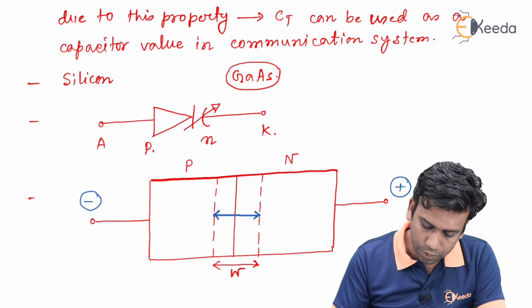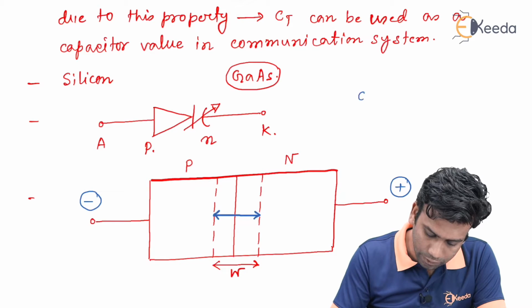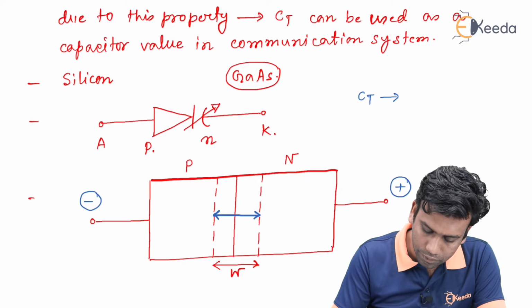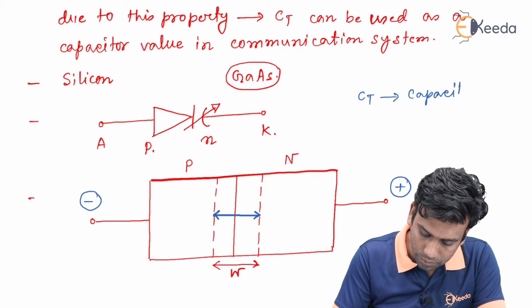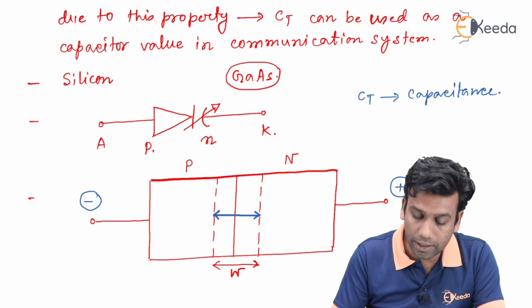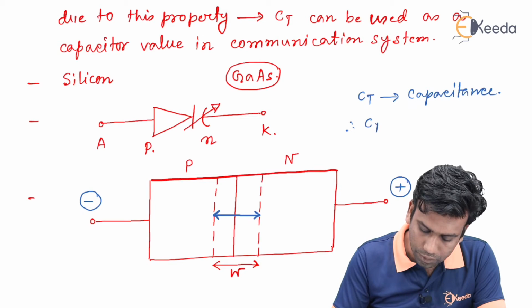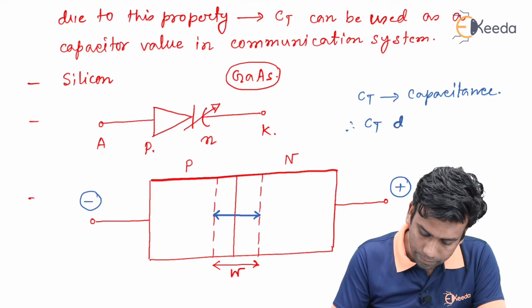That is why we will get a CT value, that is the transition capacitance value, inside the diode.